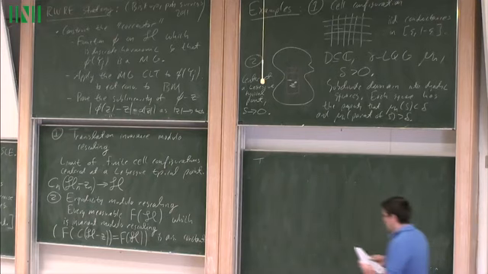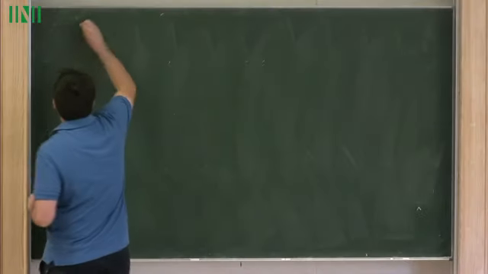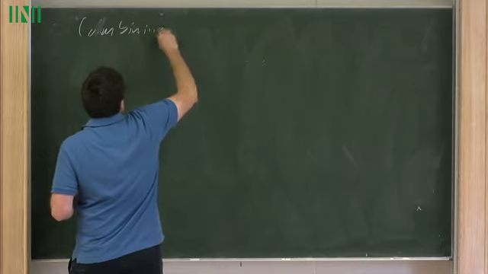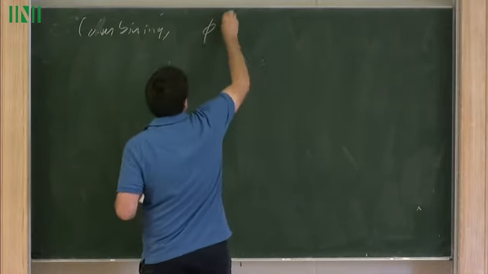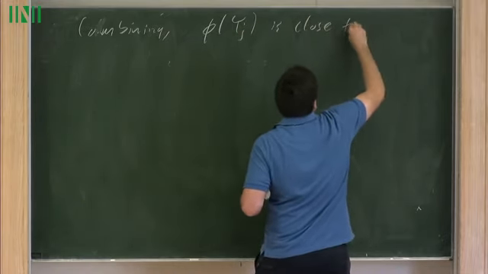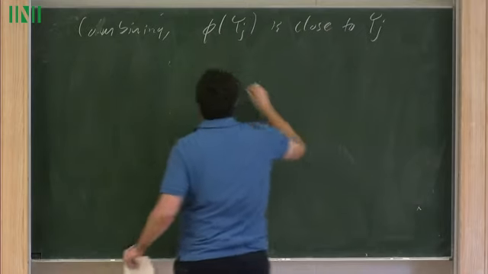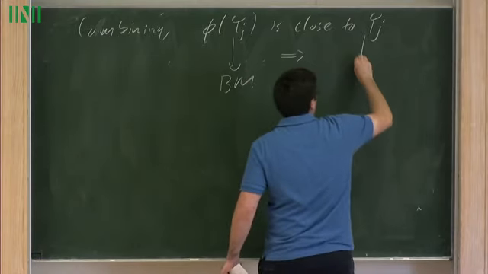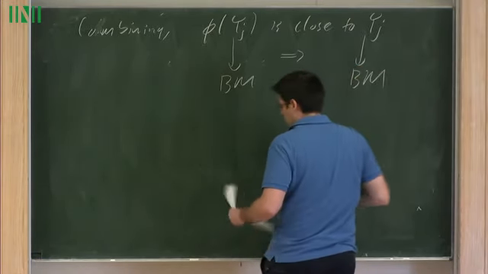Okay? So combining, you know that phi of yj is close to yj, or close enough, and if this is going to a Brownian motion, then that implies that this is also going to go to a Brownian motion.